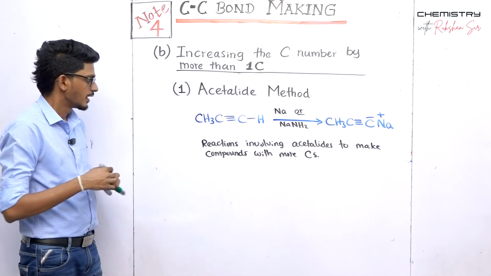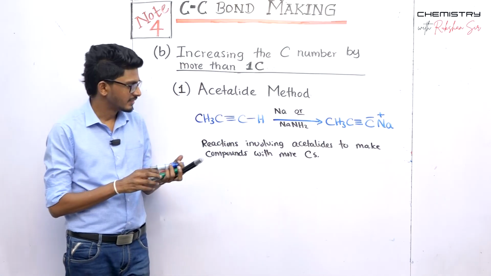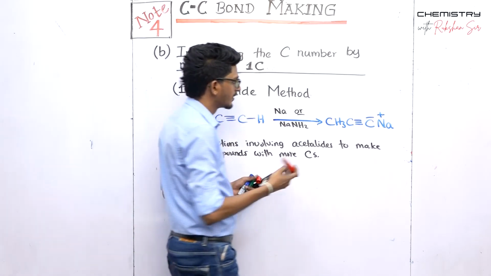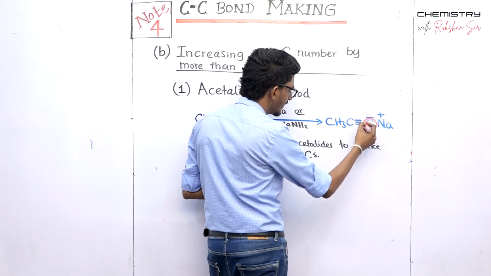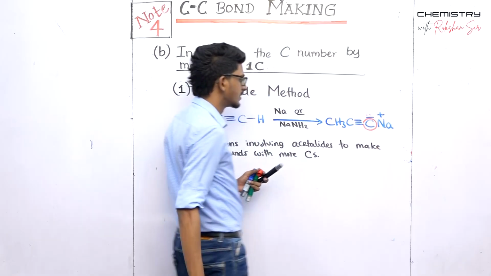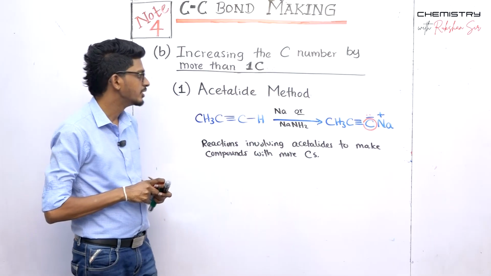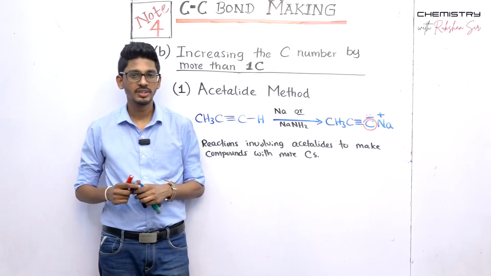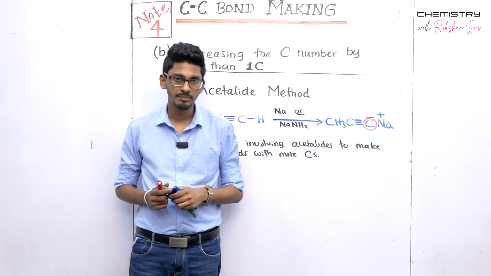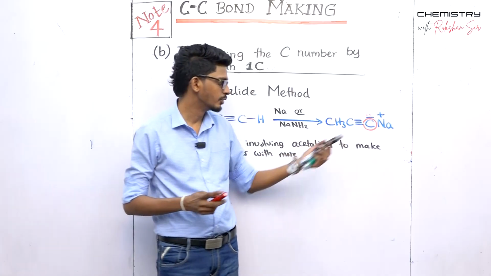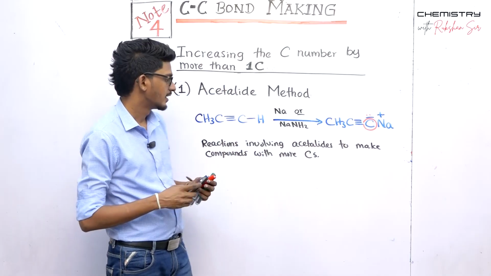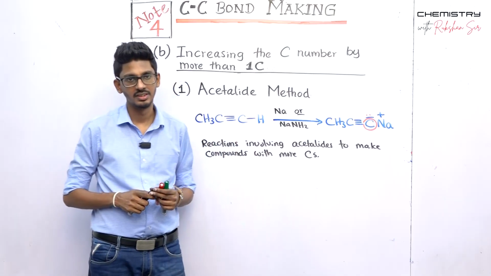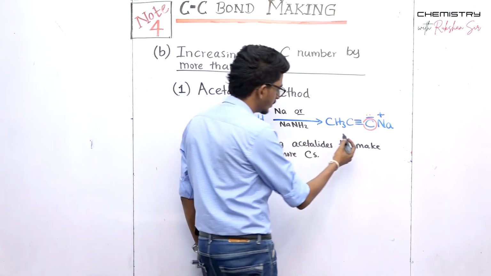See, basically in these acetylides you have a negative carbon. That negative carbon can be used to attack positive carbons in your organic compounds. This negative carbon, as a nucleophile, you can use to attack positive carbon centers in your organic compounds. So this is a nucleophile.